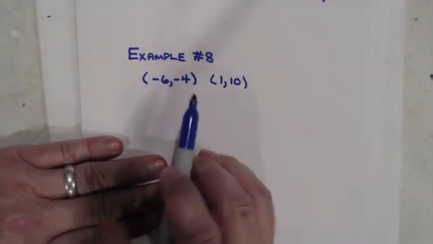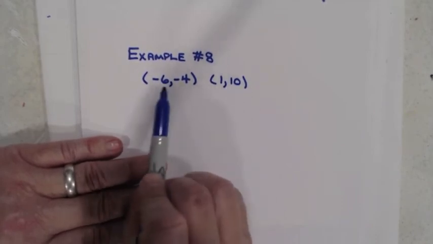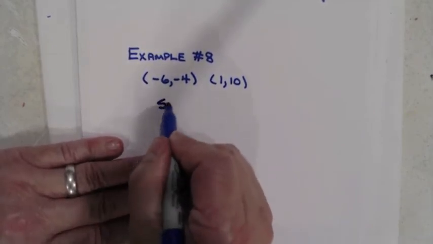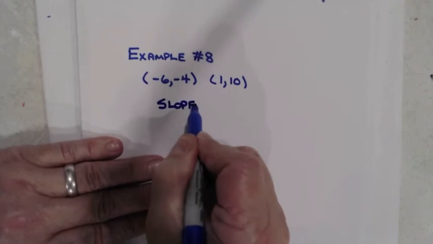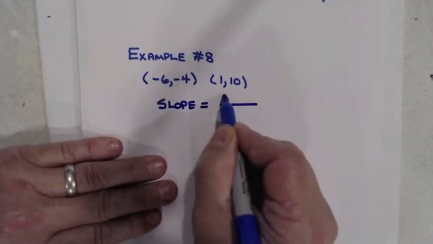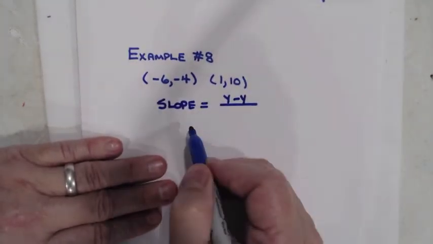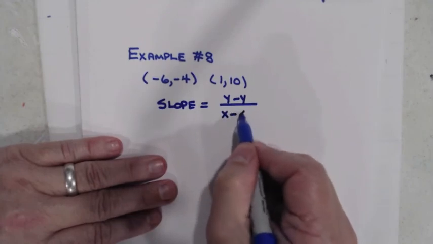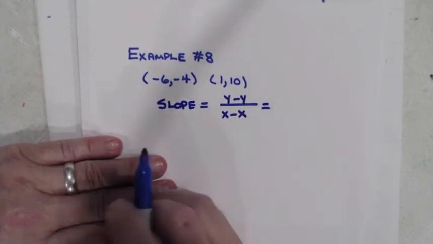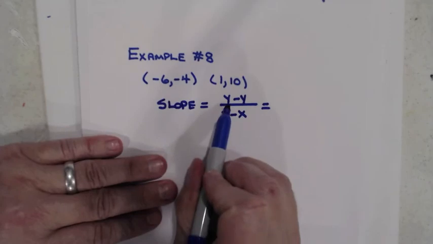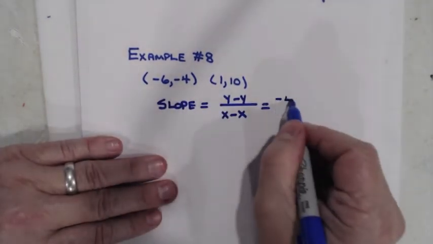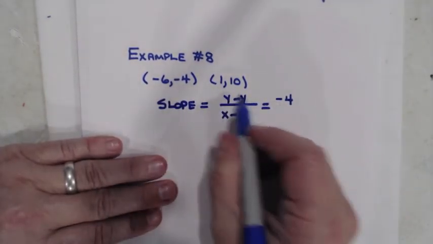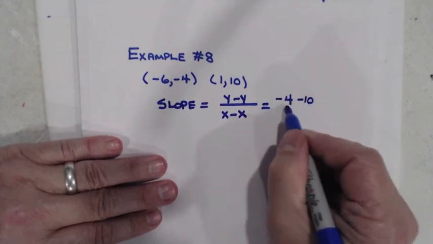Example number 8. I need to find the slope of the line that goes through these 2 points. To find the slope, I subtract my y's, put it in the top of a fraction, subtract my x's, put it in the bottom of the fraction. My first y, -4. The opposite of my next y, -10.